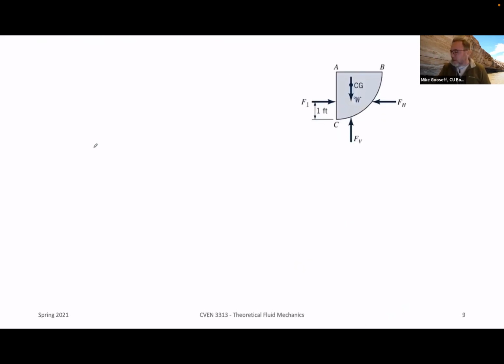So we go back to our force diagram here, which is similar to what we saw before. We've got the weight of our volume of water. Remember, it's going to go 1 foot into the screen here. So we've got weight that we have to worry about.